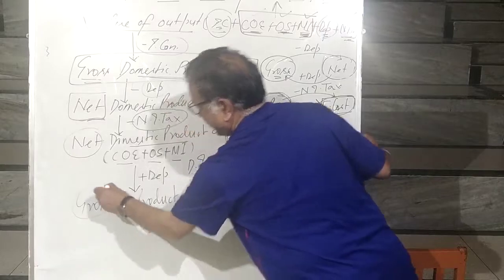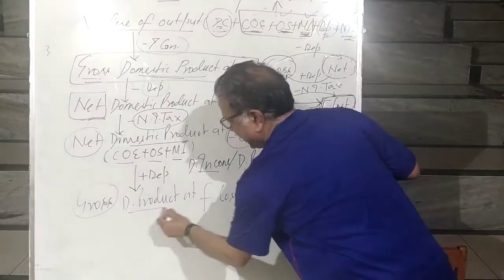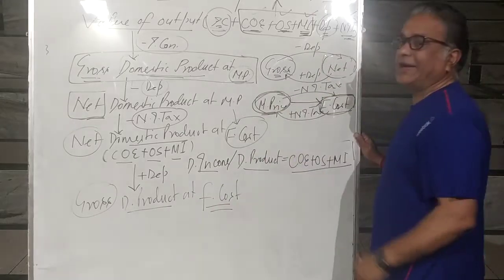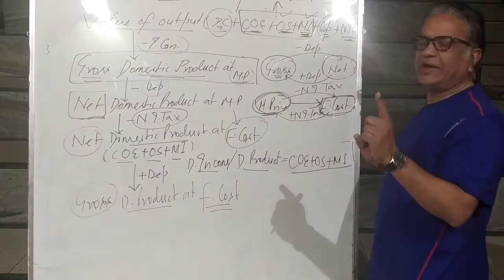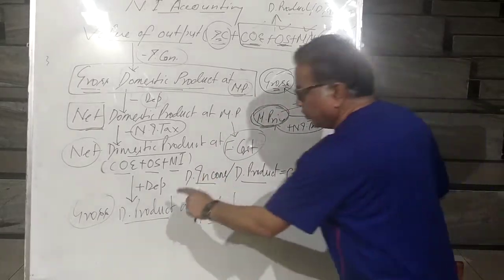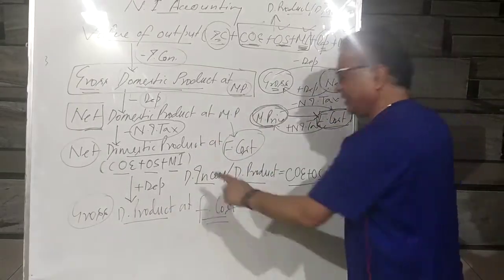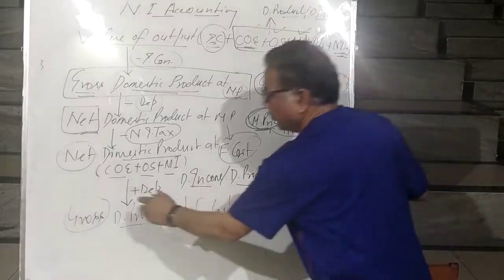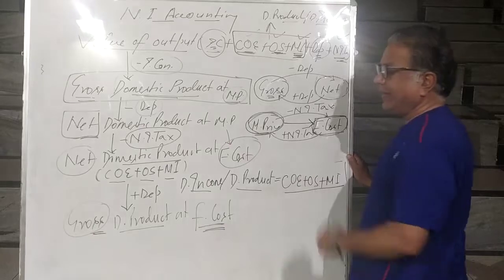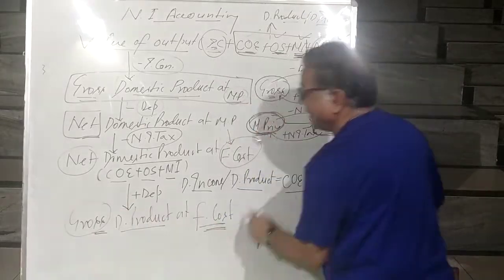Gross means depreciation. Domestic product means COE, OS, MI. Factor cost means no net indirect tax. So when we calculate the value of final goods and services produced within the domestic territory or within the country, and we include depreciation also, but we do not include net indirect tax, that is called GDP at FC.